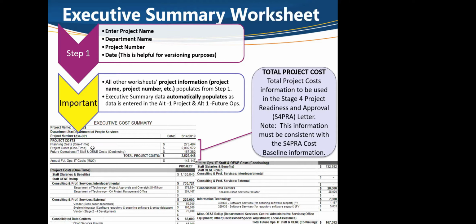So that would be something that when you've done your analysis and you determine that the custom build or the systems integrator or MOTS or COTS, whatever it ends up being, whatever solution provides the best benefit for the state of California, that would be the information that you would begin entering in your alternative one project and alternative one operations, future ops, because those are the ones that are going to translate to not only this sheet, but also to the funding plan.